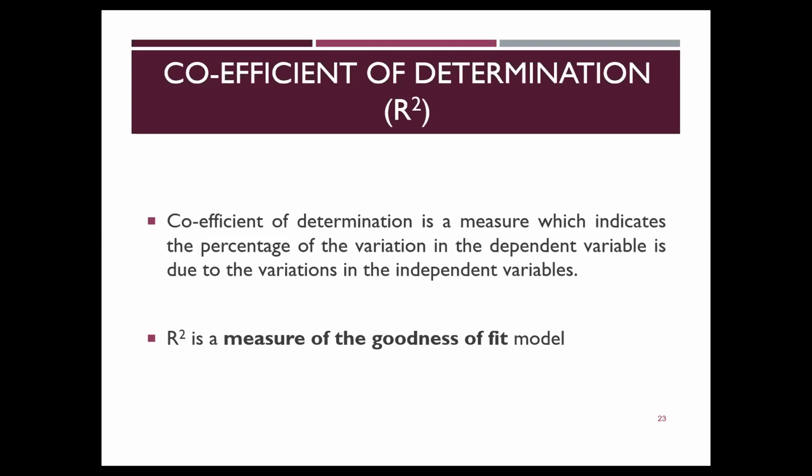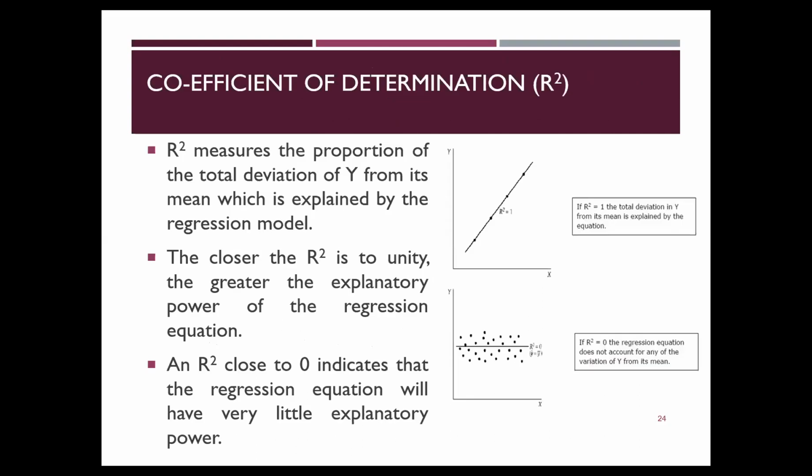So you need to include more variables as independent variables to predict the outcome in that case. R square is the proportion of variation that can be explained, as I told you. So if R square is close to 1, the model will be better and the prediction equation is better. And R square close to 0 means your regression equation will have very little explanatory power.